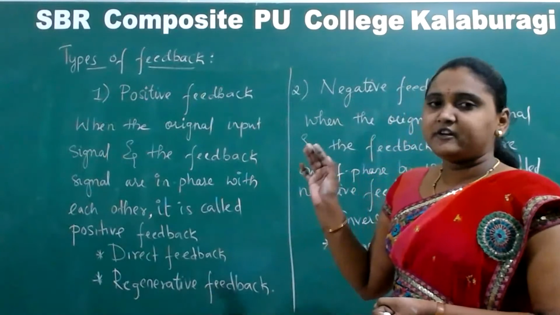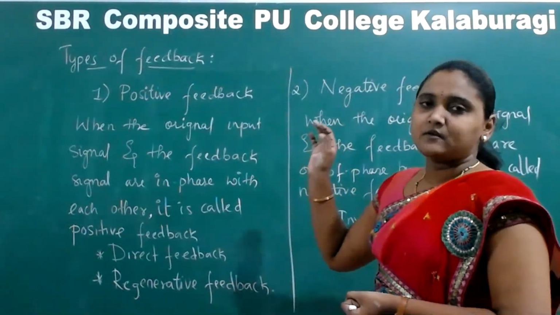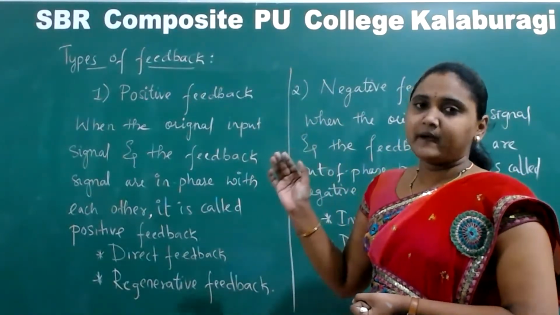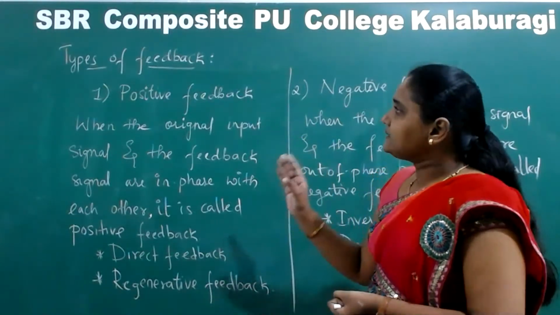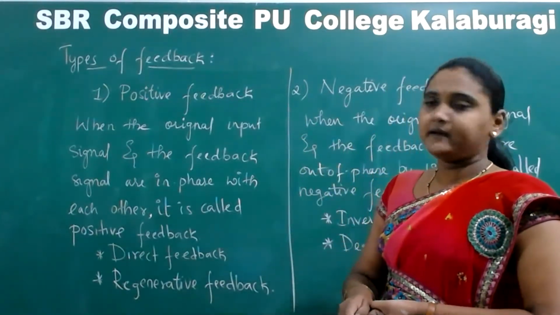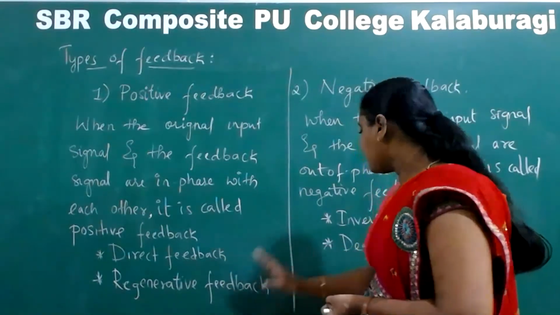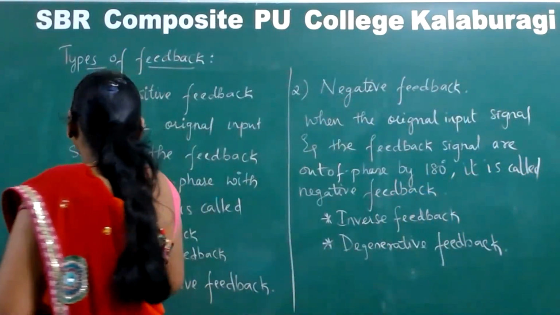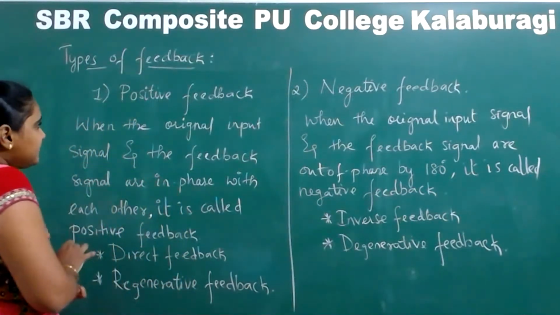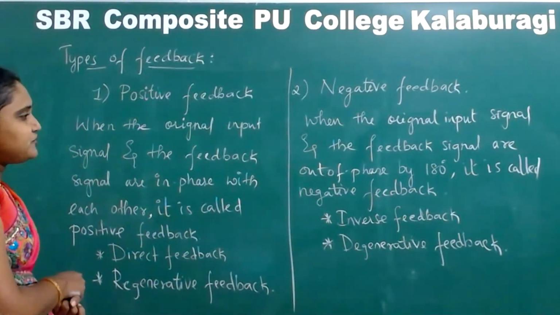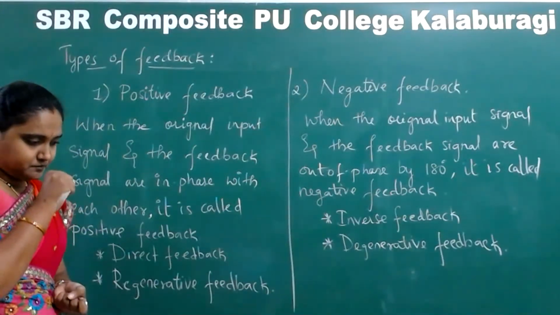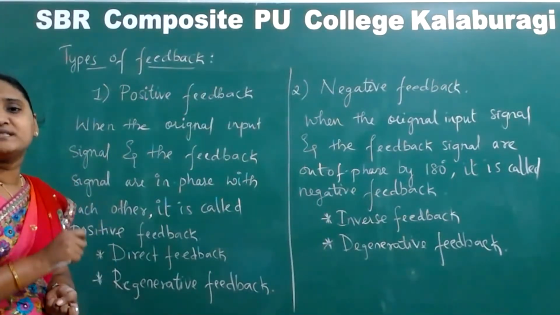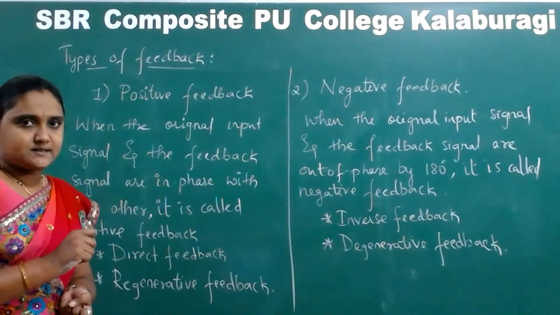Okay, we are studying feedback in amplifiers, where we have started with the definition of feedback, what is a feedback amplifier, and then what is positive feedback and negative feedback, and the other names for them. So I will proceed with the positive feedback now. With the positive feedback, gain increases.